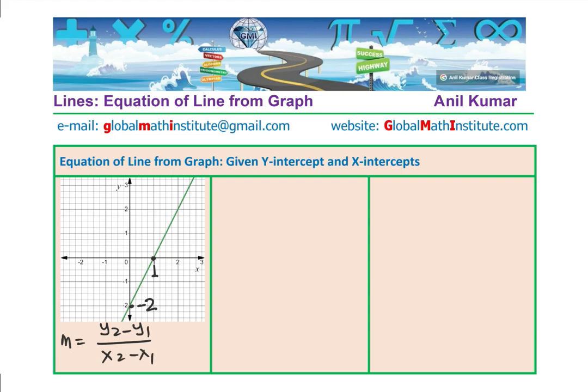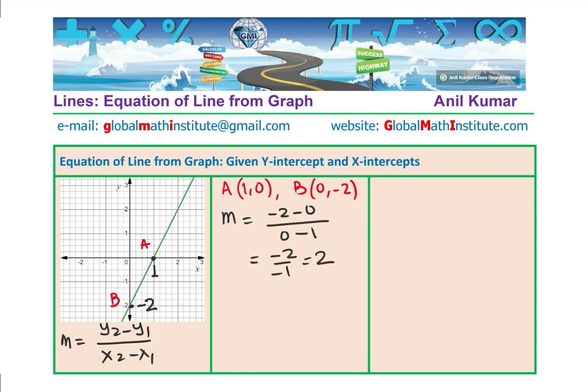So the points which we have got here are, let's call this A, which is 1, 0, and we have B, which is 0, minus 2. So the slope will be m, y2 minus y1, which is minus 2 minus 0, over x2 minus x1, 0 minus 1. So that gives us minus 2 over minus 1, which is 2.